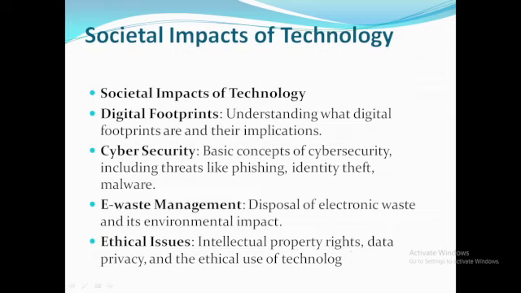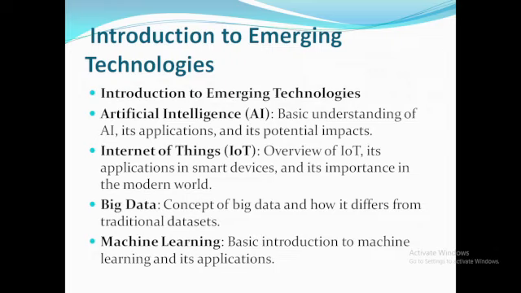Then e-waste management, disposal of electronic waste and its environmental impact. Then ethical issues like intellectual property right. This question had come: what is IPR, when was IPR implemented, and data privacy and the ethical use of technology. Now introduction to emerging technology. In emerging technology we have to study artificial intelligence. In artificial intelligence, the first thing is basic understanding of AI, its application and its potential impacts, and Internet of Things IoT, which includes an overview of IoT, its application in smart devices and its importance in the modern world.